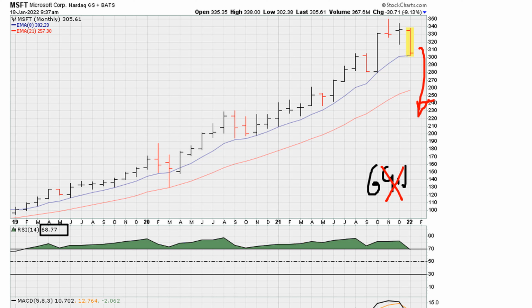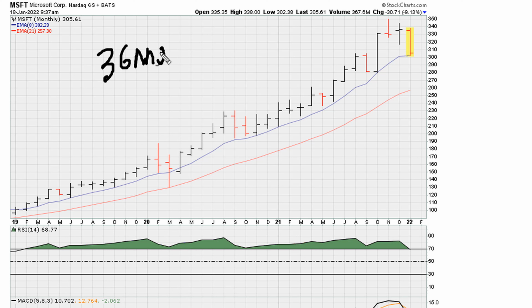Now, sticking with these levels, we need to make an adjustment here, or we can make an adjustment, which is the following. So right now we have 36 months of data. Now there's an adjustment that we can make, which is use the Fibonacci series numbers.